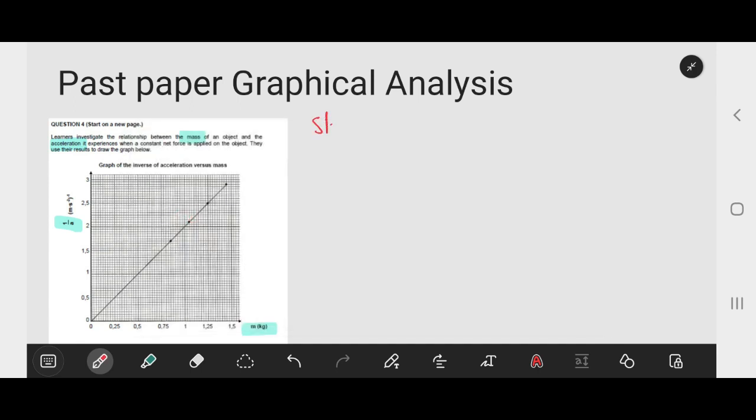For step number 1 in our graphical analysis, we can see that that is a straight line, so y is equal to mx plus c. Then step number 2, we can substitute whatever variables we have. On the y we have 1 over a, and m is the gradient.